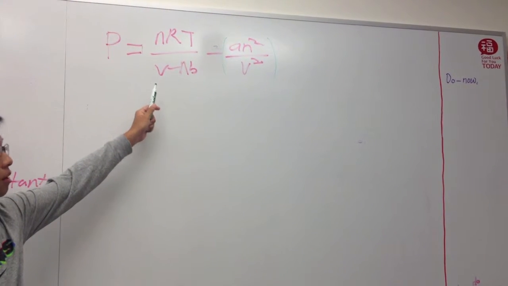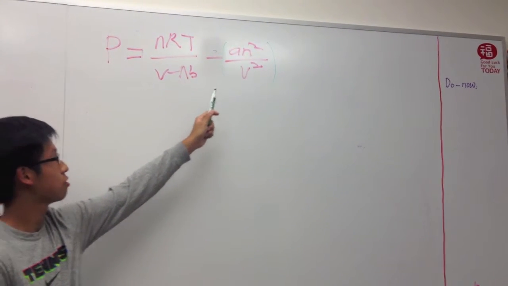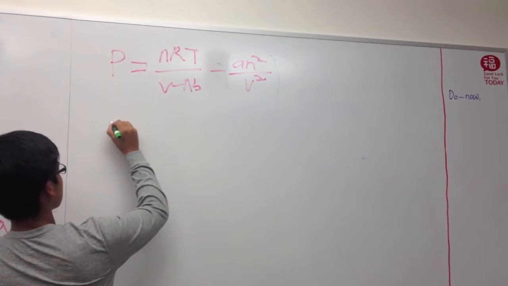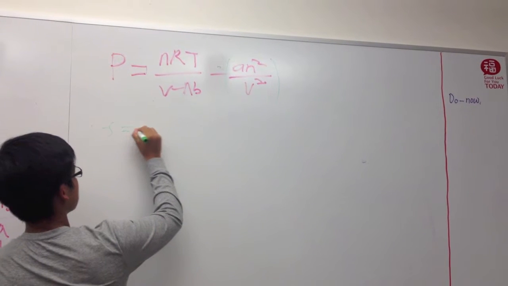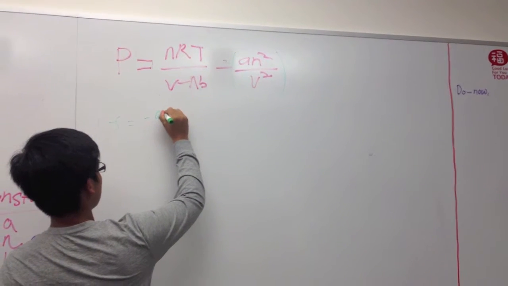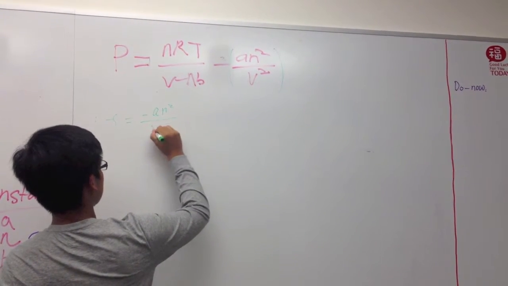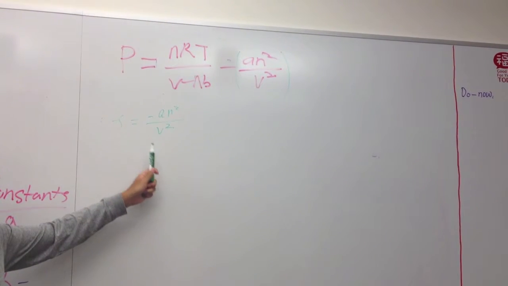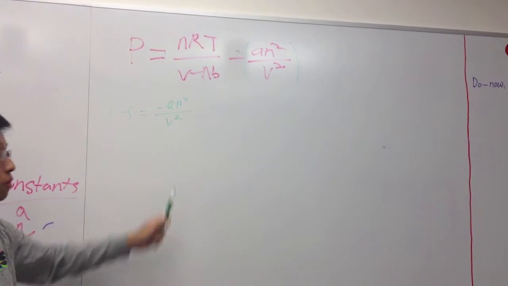After we demonstrate the first term, I'm going to demonstrate the second term. So the second term, you can write it as equal to negative a n squared over V squared. If you want to find the derivative of this function, you need to use the quotient rule.